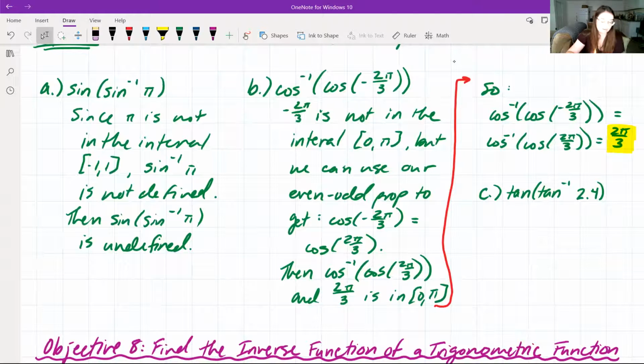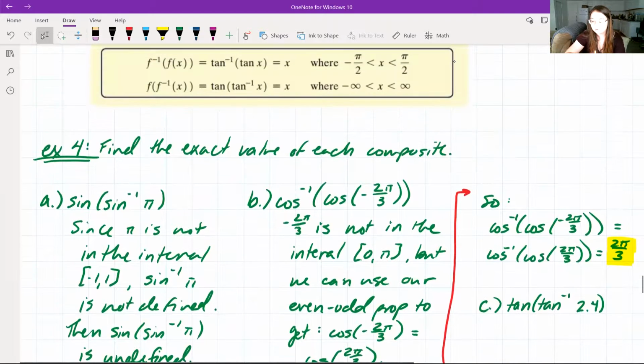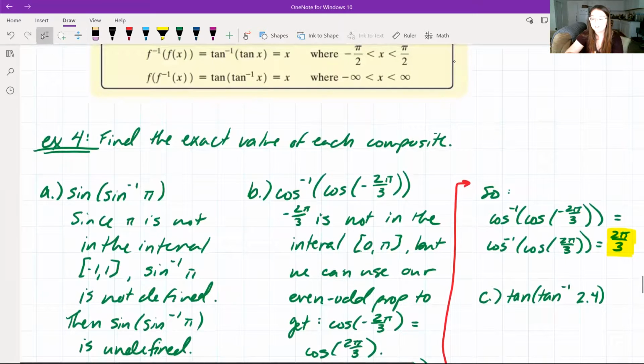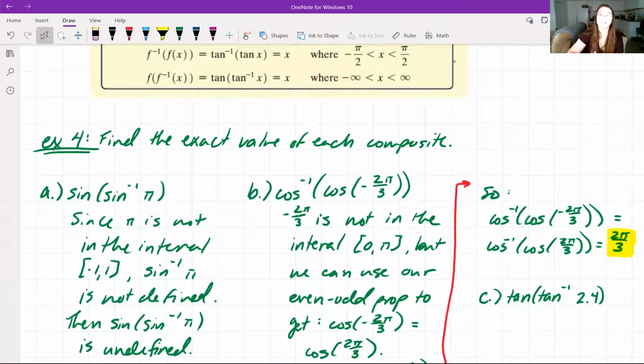Then for part C, we have tangent of tangent inverse of 2.4. So if we have tangent of tangent inverse, this means that x can be between negative infinity and infinity. And our x value in this case is 2.4.